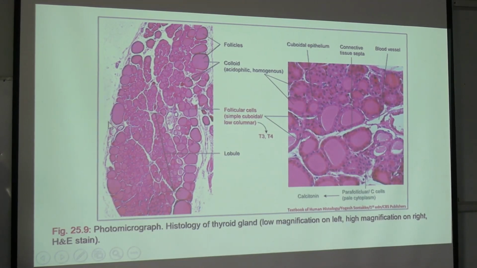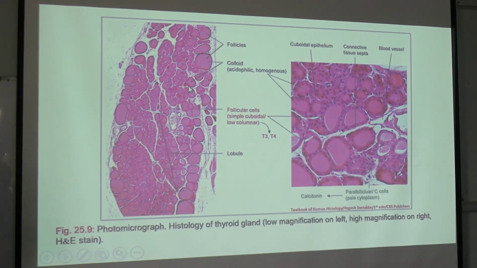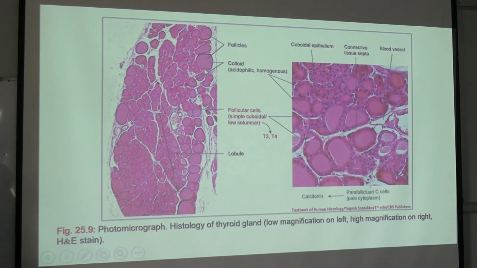The septa are present on these outer margins. As the septa or capsules penetrate deep, we see these small lobules coming, and these follicles are of different shapes or different stages depending on maturity. If you zoom into each follicle, it should look like this.